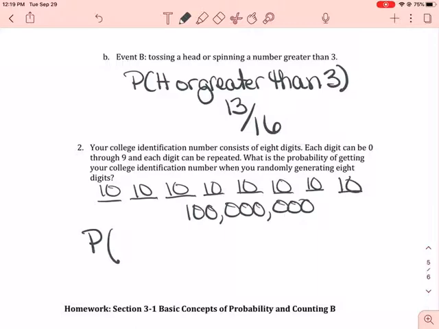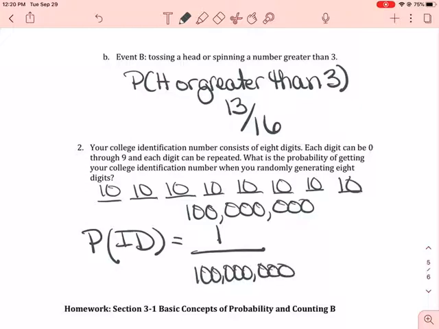There we go. And we want to know the probability of getting your ID. Well, there's only one way your ID could happen out of 100 million. So if you're guessing your ID, that's probably not a very good chance that you're going to get it right when you're just guessing.